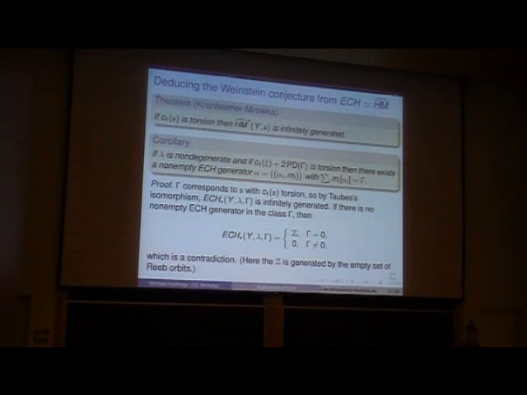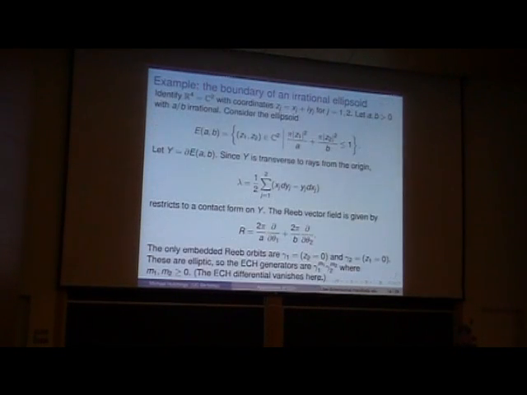Now, let me just remark that the fact that ECH is infinitely generated does not imply that there are infinitely many embedded Reeb orbits. To see the most basic example, we can consider the boundary of an ellipsoid. So let's consider R4, which we identify with C2. If you pick two positive real numbers, a and b, let's make their ratio irrational. Then we look at the ellipsoid where pi times |z1| squared over a plus pi times |z2| squared over b is less than or equal to 1.